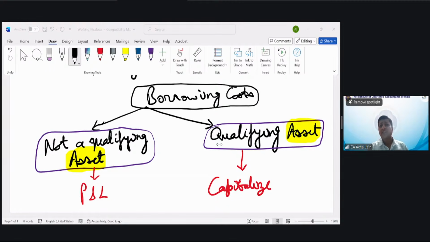Depending on the nature of the item and the period of time for its completion, there are various other examples you can include. The important thing is it has to meet the criteria of a qualifying asset that we just discussed. If that meets the criteria, definitely it becomes a qualifying asset. Clear, Ishan?